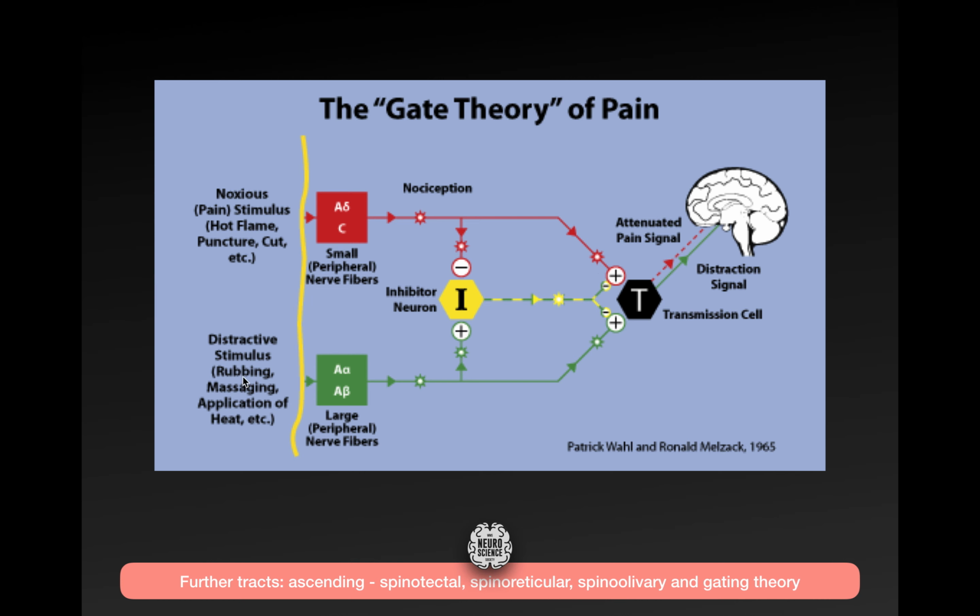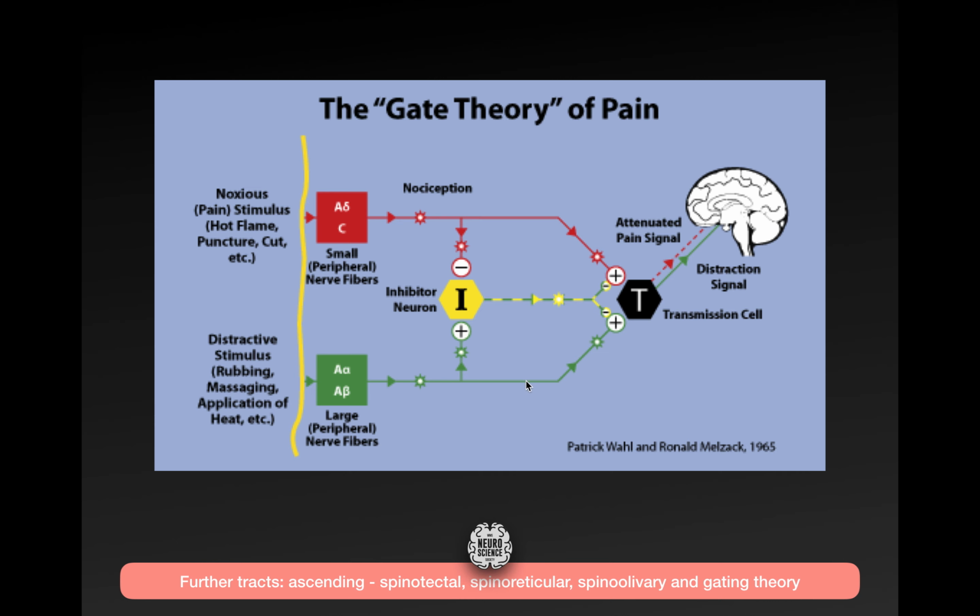But if you then rub it better, Wall and Melzack in the 60s described this phenomenon, that you have A alpha and A beta fibers, remember your proprioception and touch fibers, that when you rub the area where you've been pinpricked, these say, actually, I want you to focus on the rubbing instead.